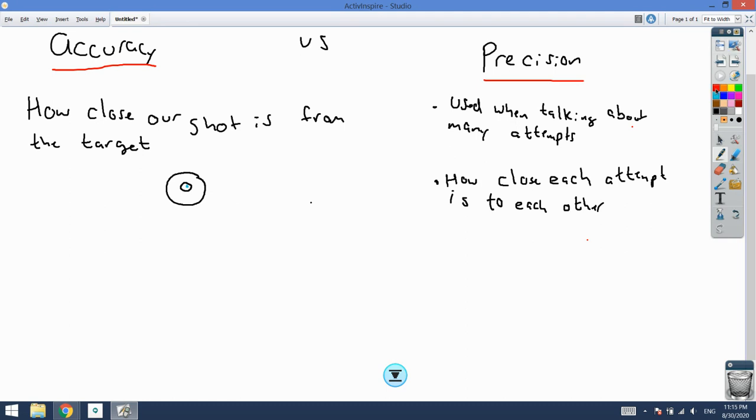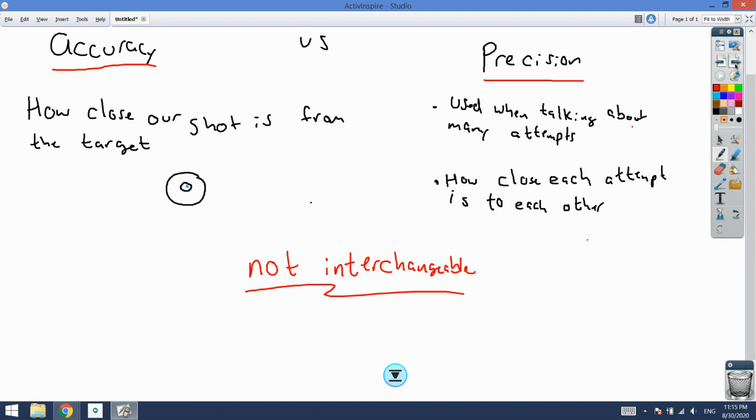They are not interchangeable. You can be accurate and not precise. You can be precise but not accurate. So let's see what that looks like.